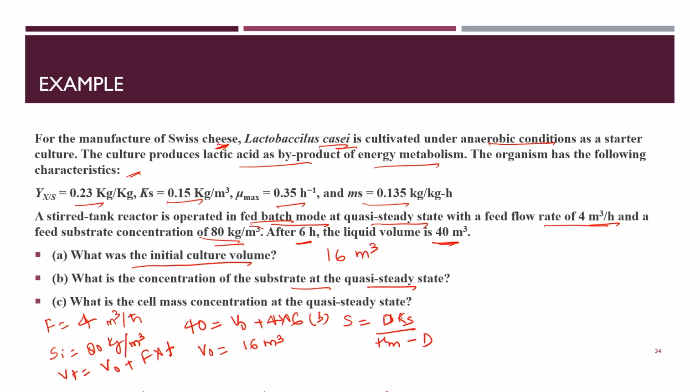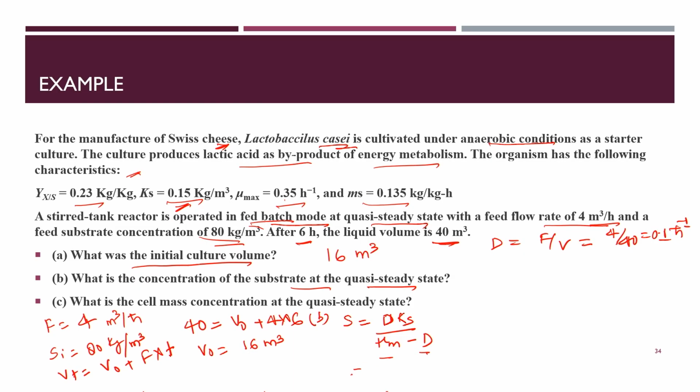D is F upon V: the flow rate is 4, volume is 40 meter cube, 4 upon 40 becomes 0.1 hour inverse. So D is known, Ks is 0.15, mu max is 0.35, D is 0.1.